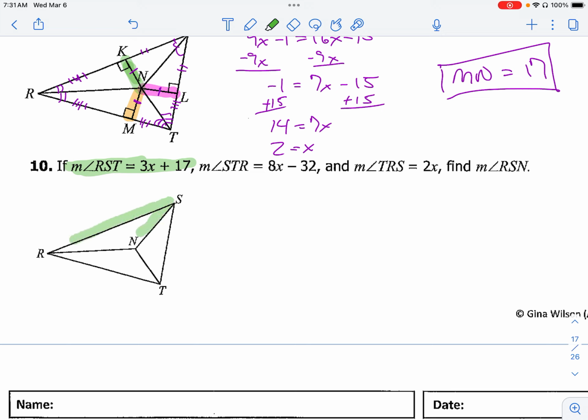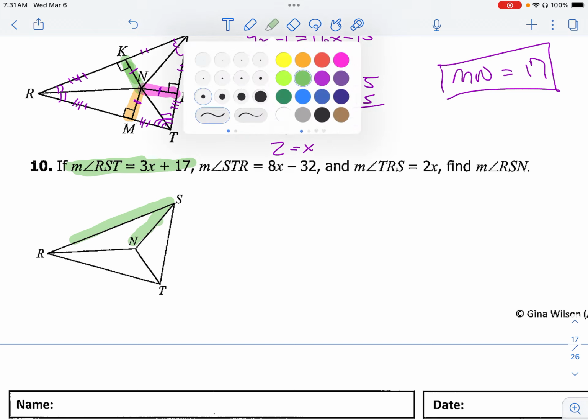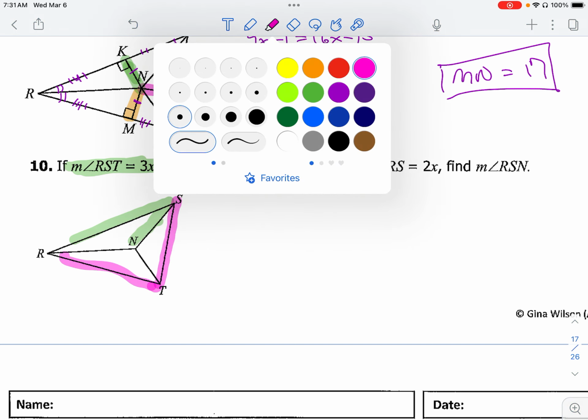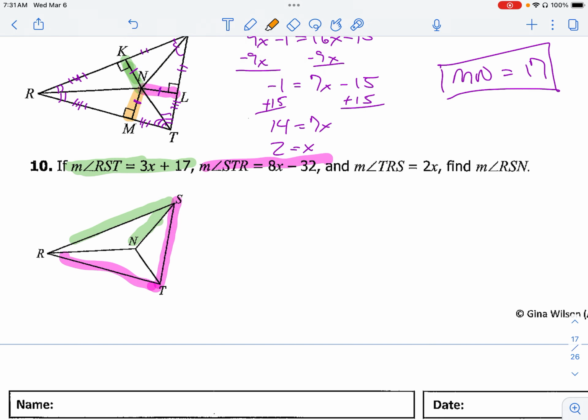So RST is right here, and then STR is right there, and we need this, and TRS is right here.